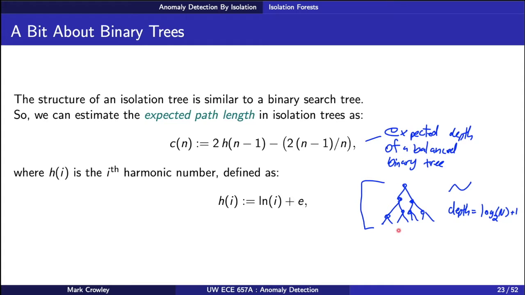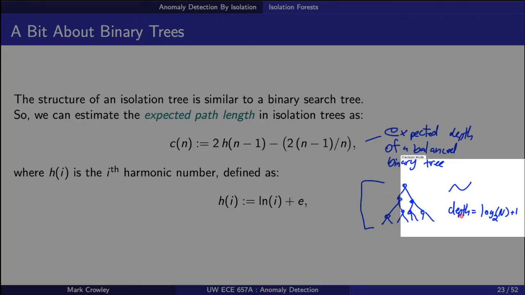You're going to keep dividing it, and that's going to give you the depth of how many levels it's going to be, right? So this harmonic number gives you this measure of the depth, and I try to remember why they're adding e in there. But what this expected depth has to do with is if you're sampling random trees and growing them, how deep would you expect them to be? And so, right, it's n minus 1. That's why we've got that there.